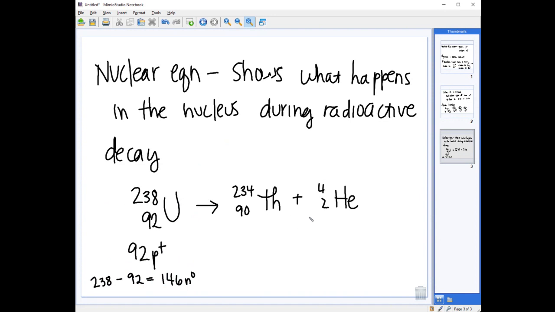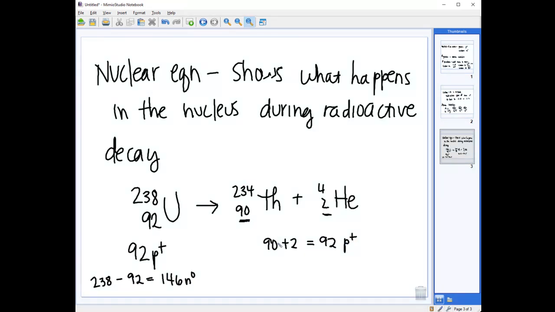So now we look at what we have on the right side of the equation. We have 90 protons in thorium and 2 protons for helium. If we add those up, we have 92 protons.